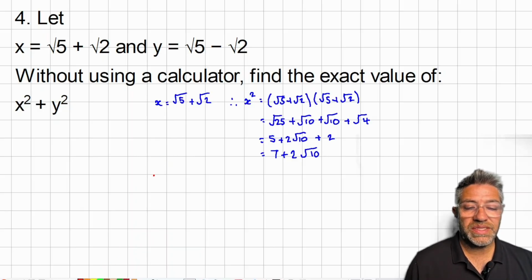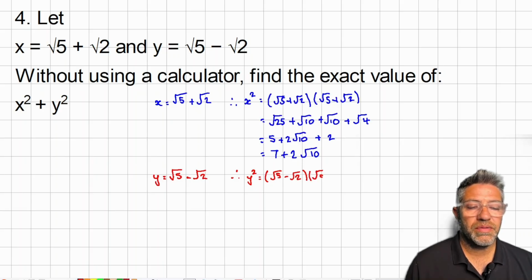I've now got to do exactly the same thing for our y value. That's root 5 minus root 2. Therefore, y squared equals root 5 minus root 2 multiplied by root 5 minus root 2. I'm putting both parts in brackets for clarity. What will that give us?